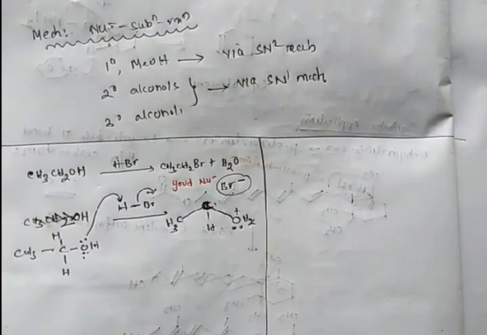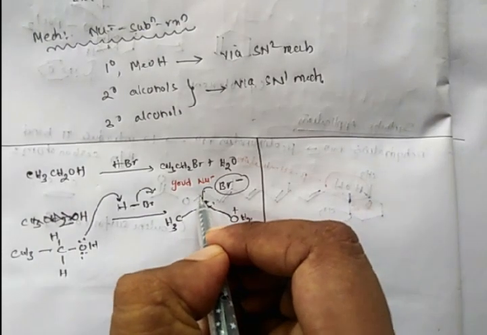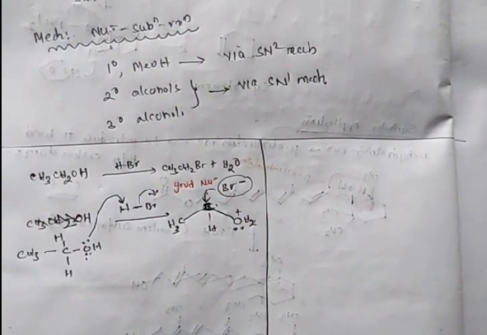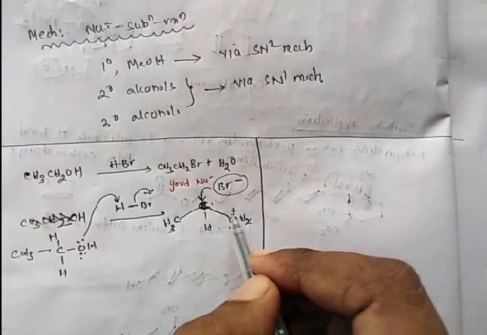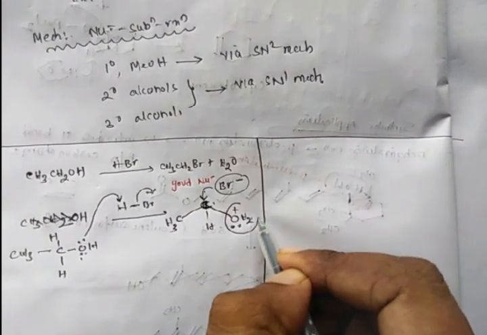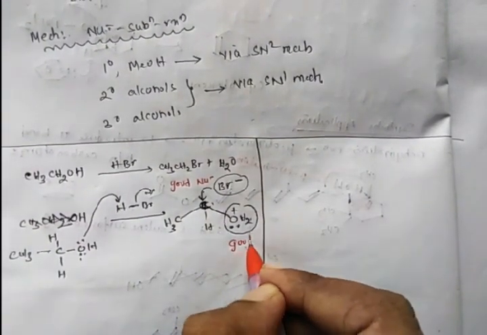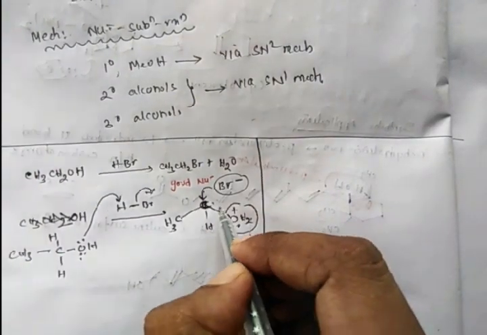As it's a good nucleophile, this bromine atom attacks this carbon atom, and this OH2 is a very good leaving group. So the OH is converted into a good leaving group. It leaves away from the molecule.